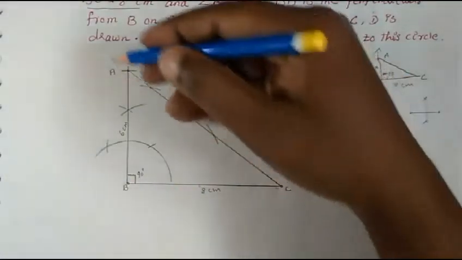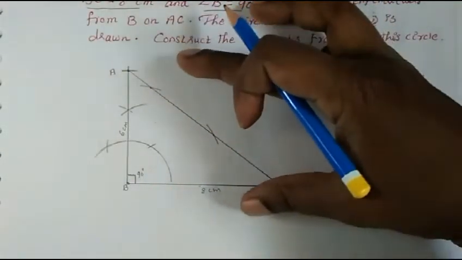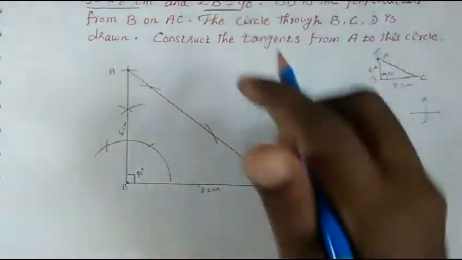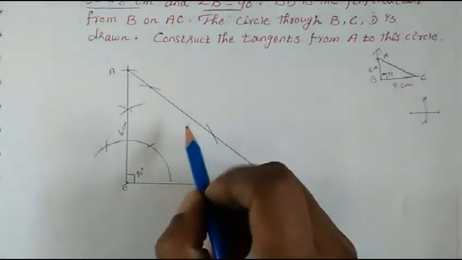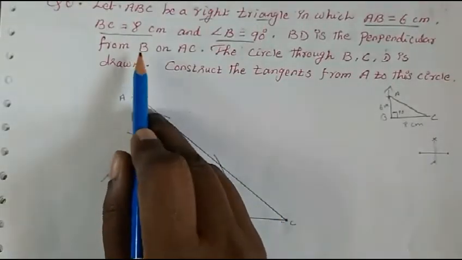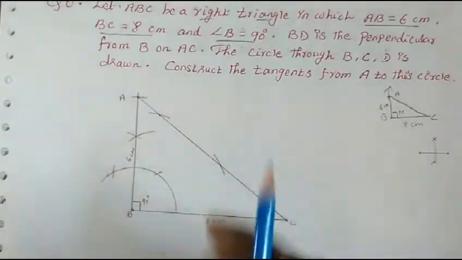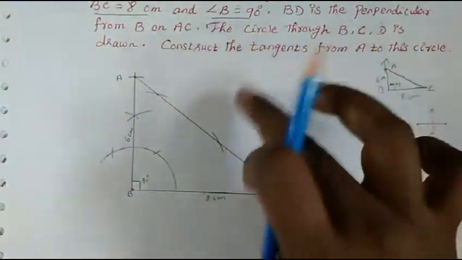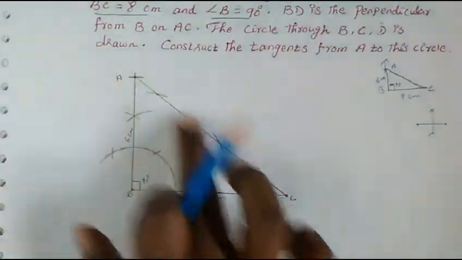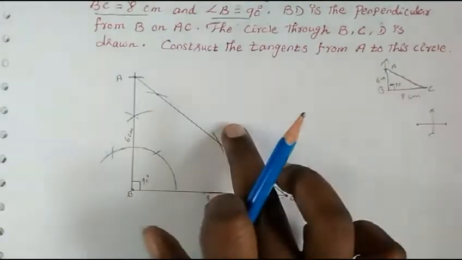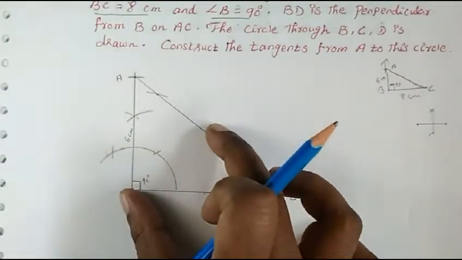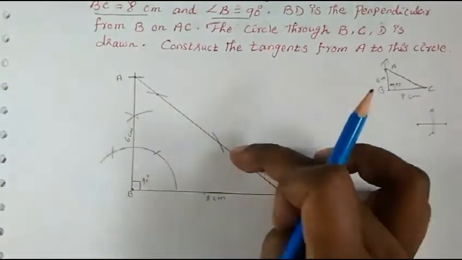But here on AC we don't know where to take the two points, and we have to get it from B. Since it is given from B, we are conditioned. Otherwise you can take more than half and draw the perpendicular line equally on half of this AC, but it has to be from B. Therefore from B only we take a little more than this line and give a cut. So now we got two points.